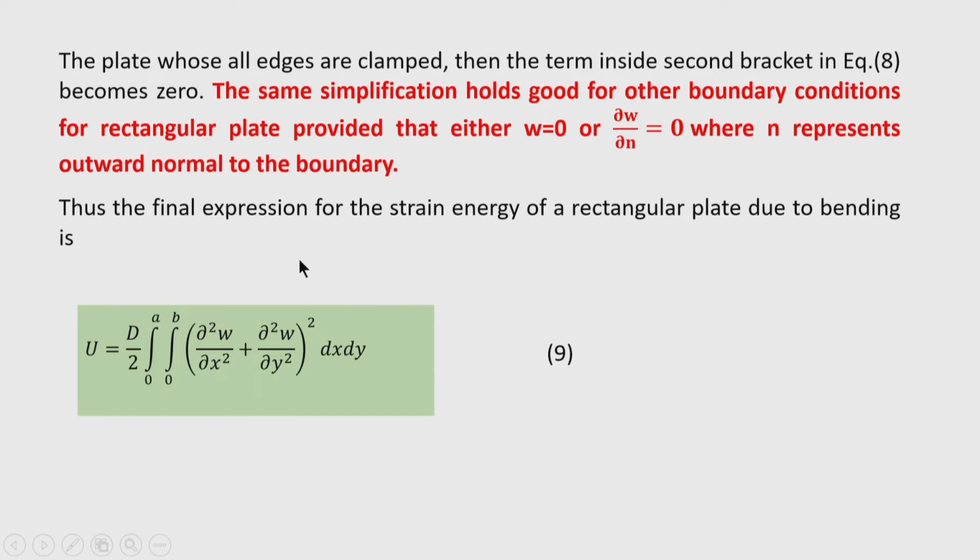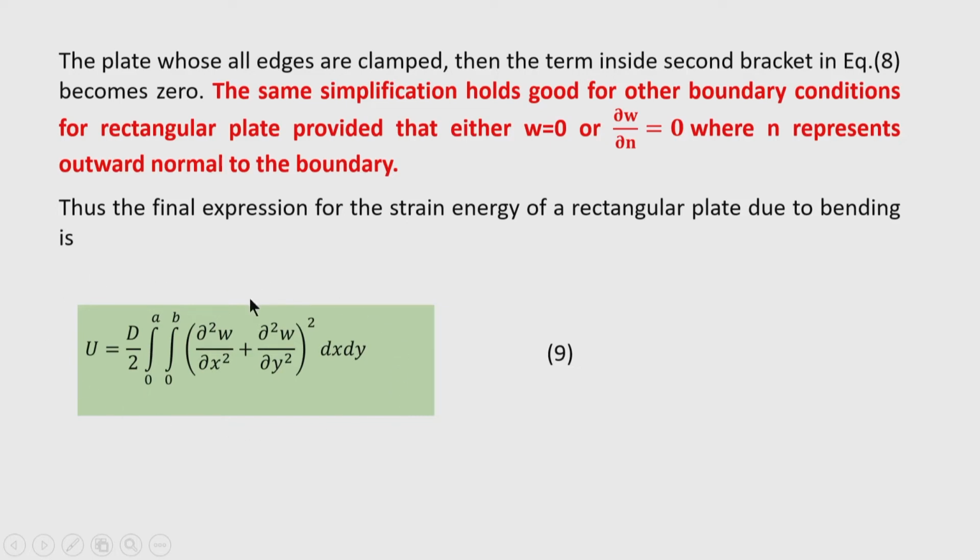So, after simplification you can see the strain energy can be written as D by 2 integration 0 to a, 0 to b, bracket del square w del x square plus del square w del y square whole square. So, this is the expression of strain energy for the plate.